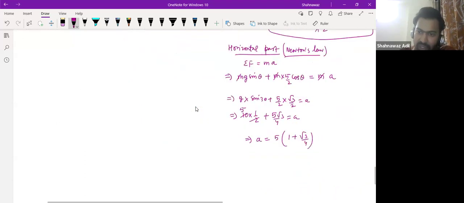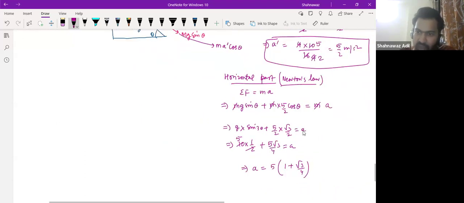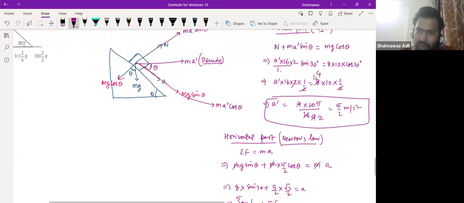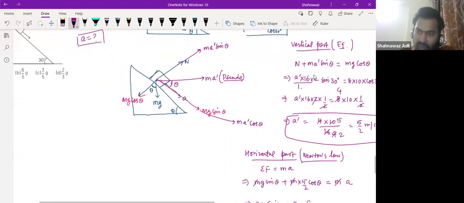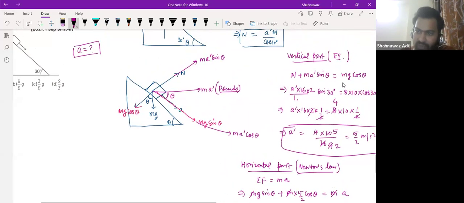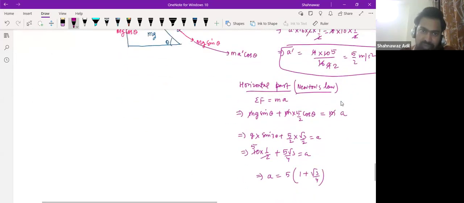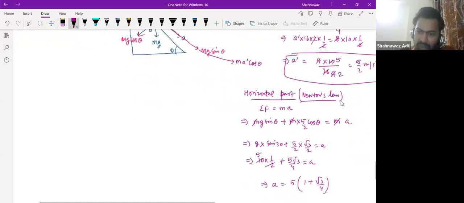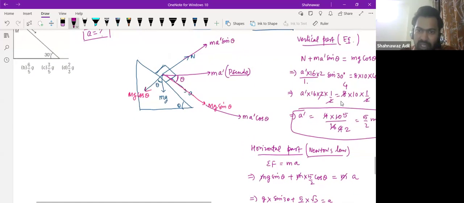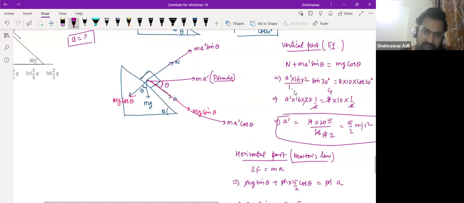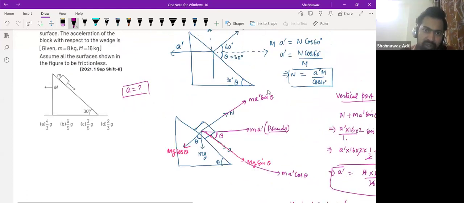We are getting root 3. We have to keep this G everywhere, but this is also the correct answer. You keep this G and you will get the answer as well. So this was the idea of this question.